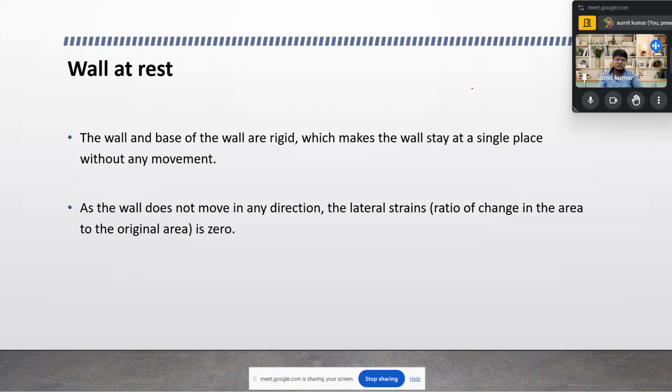And as the wall does not move in any direction, the lateral strain, the ratio of change in length to the original length, is zero, because neither the wall nor the backfill moves in any direction. So the lateral strain remains unchanged, and that is zero, which I mentioned over here.